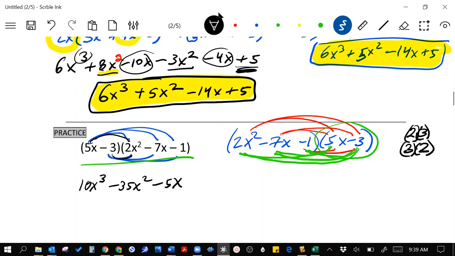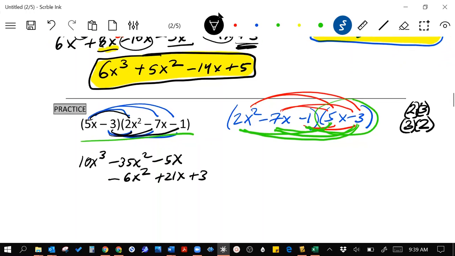Well, it's an x squared, so it's going to go under here, because I like to put it underneath to keep the like terms. That's positive 21x. And then this one is negative times negative is a positive, and it's positive 3. So that gives me 10x cubed minus 41x squared plus, well, 21 take away 5 is a 16x plus 3.